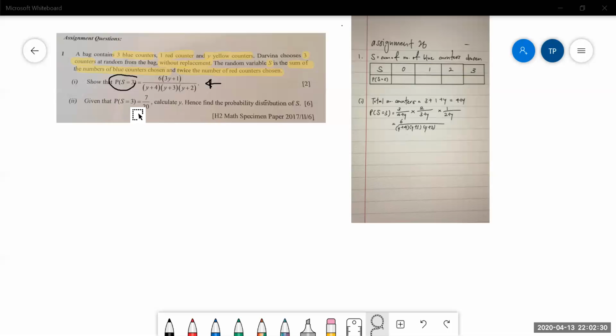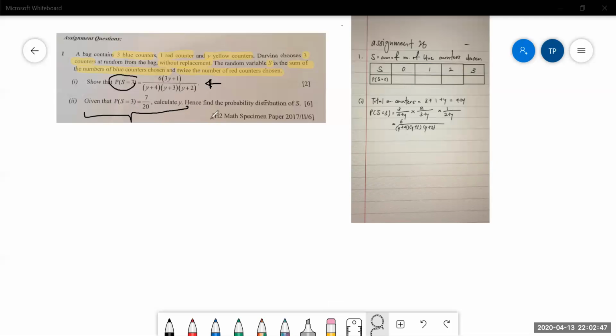Next, given that P(S = 3) equals 7 over 20, calculate y. Okay, this one should be quite easy. Basically, just equate these to 7 over 20. Make sense?